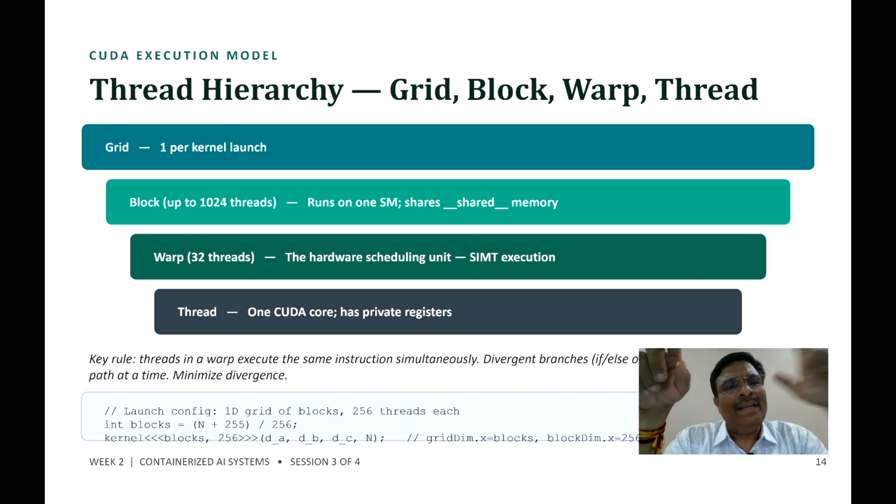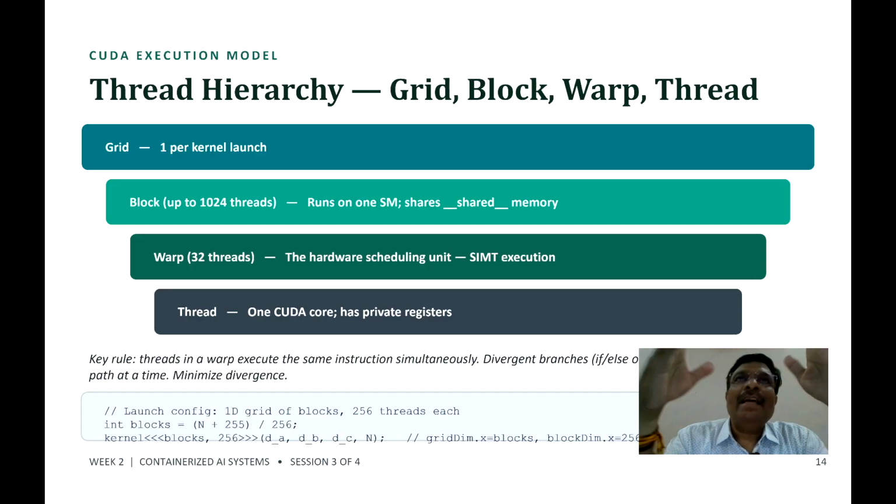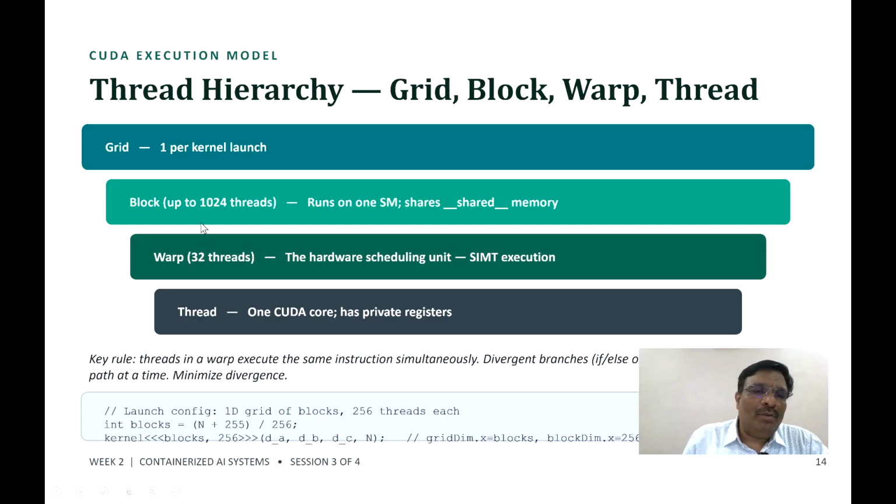So there is one grid per kernel. Threads in a warp execute the same instruction simultaneously. There is also this serializable block, which we should understand, and that is very important in terms of parallel processing, that we need to have serialized blocks. That is one thing we should keep in mind.